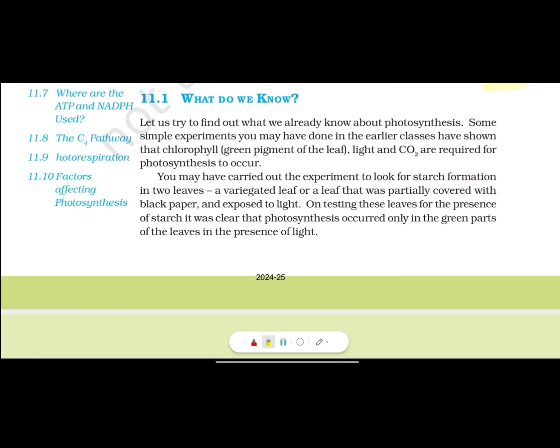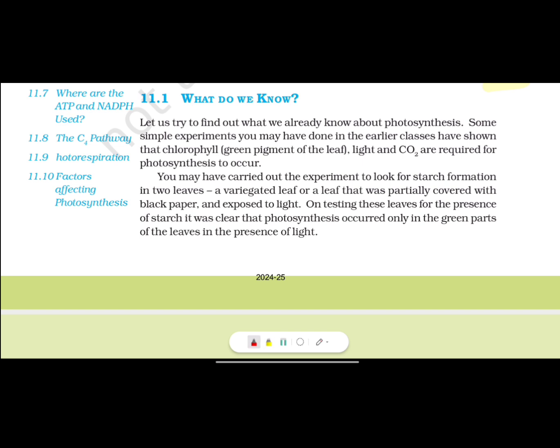The next topic is, what do we already know? Let us try to find out what we already know about photosynthesis. Some simple experiments you may have done in earlier classes have shown that chlorophyll, the green pigment of the leaf, light and CO2 are required for photosynthesis to occur.